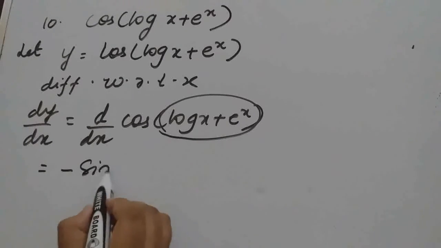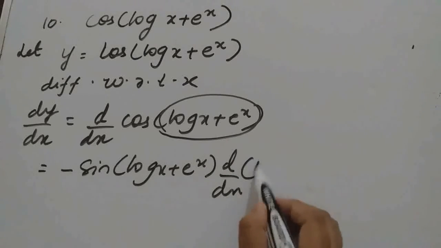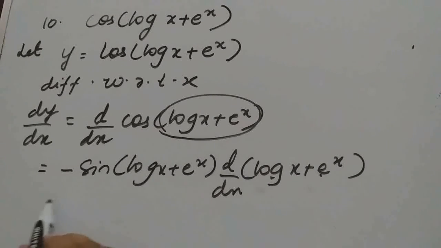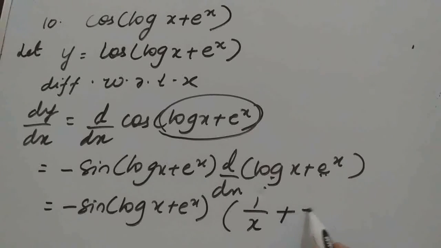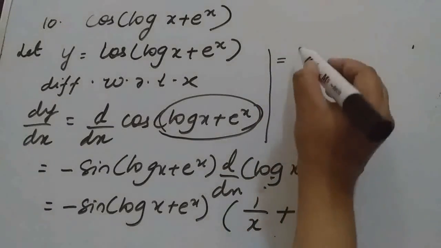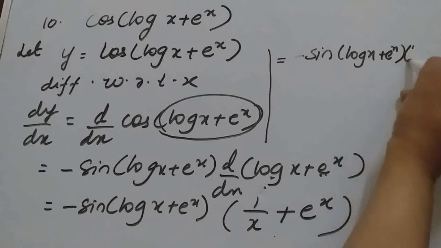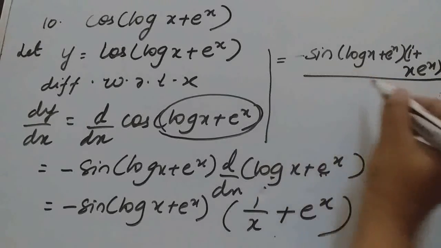So minus sin(log x + e^x), then the derivative of this composite function. Now these two functions are in addition, so one by one we can take the derivative. The derivative of log x is 1/x, the derivative of e^x is e^x. So this we can write, or if you want to simplify further, we can cross multiply this. So (1 + x e^x) divided by x.